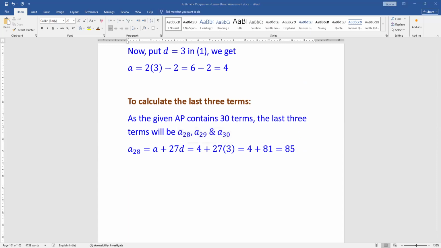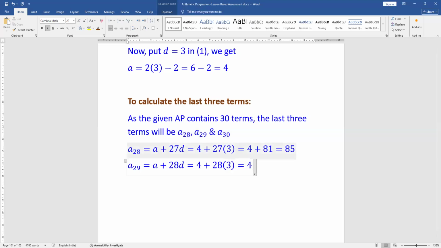Now the next one. Similarly, what is A29? A29 is A plus 28D, which is nothing but 4 plus 28 into 3. 28 times 3 is 84.